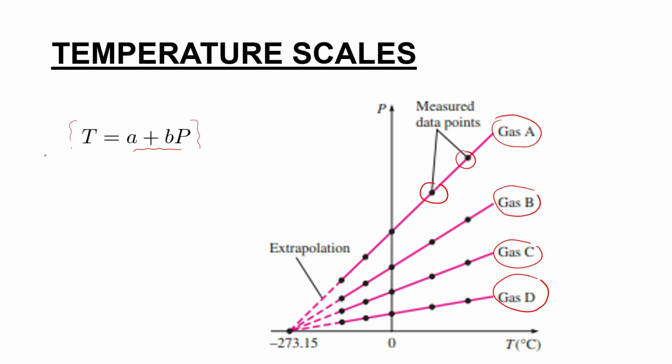But see, at this point, when pressure is equal to 0, you can see that T is equal to A plus B into 0. So T is equal to A. If you measure this value, it will be equal to minus 273.15.